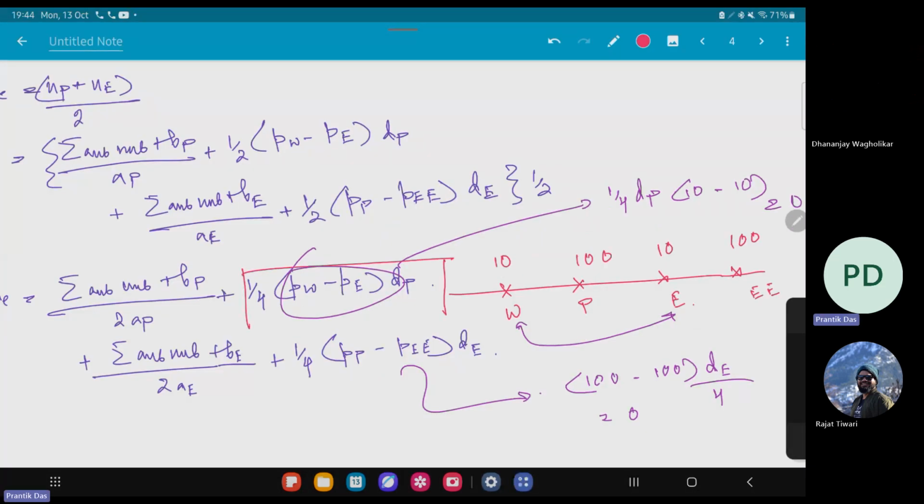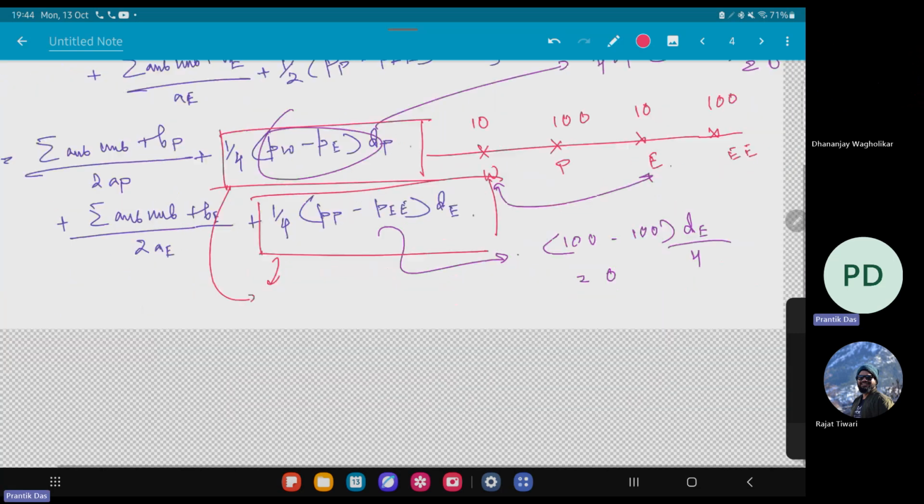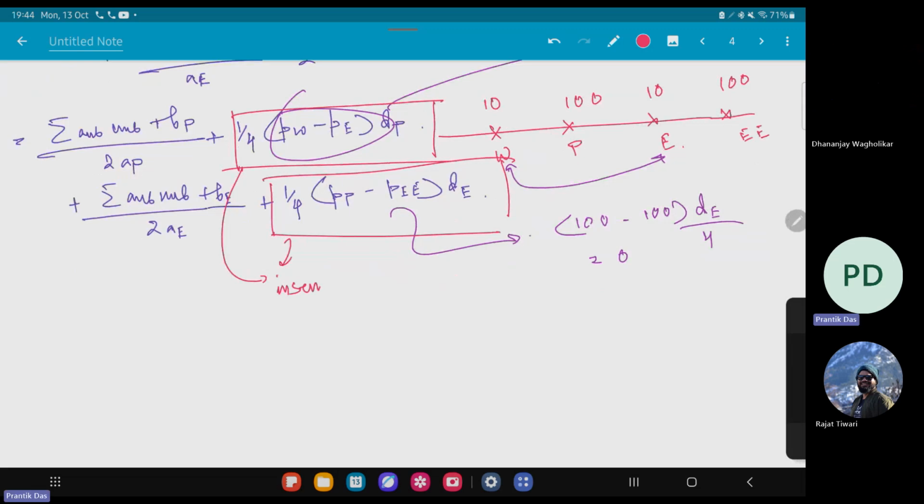Insensitive terms, this term and this term, insensitive to checkerboard arrangement of pressure. Okay.